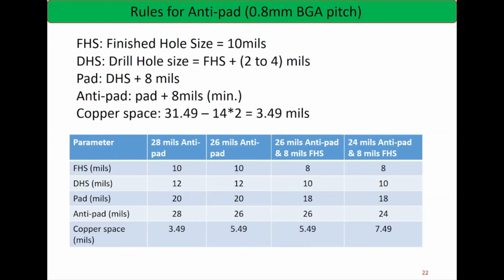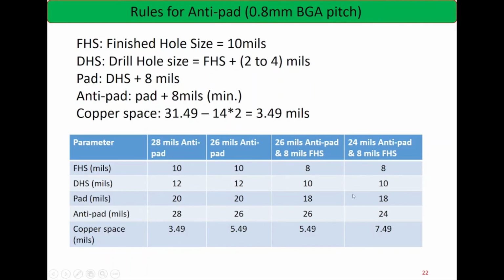Now let us check the rules for 0.8 mm. 0.8 mm has 31.49, so this will be much more difficult to meet. Here you get 28 mils anti-pad, FHS 12 mils, pad 20 mils. Similarly, if you do the calculation here, you will have only 3.49 mils. See, only 3.49 mils. So you cannot even pass a single transmission line between this. So you need to reduce the anti-pad.